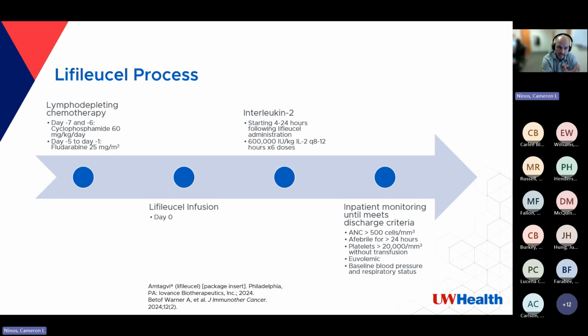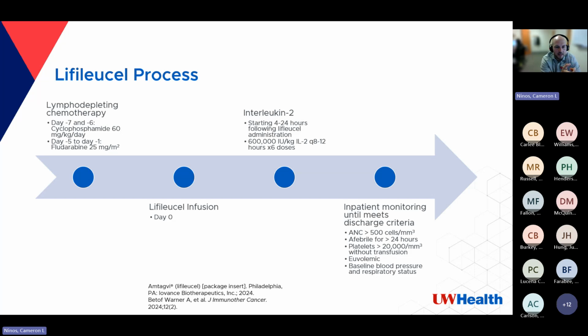So definitely more intensive lymphodepleting chemotherapy than what we see on the CAR T side. Then we have that lifileucel infusion followed by interleukin-2 administration. And this is high-dose interleukin-2, similar to what you might have heard of, which was administered probably about a decade ago for renal cell carcinoma or melanoma.